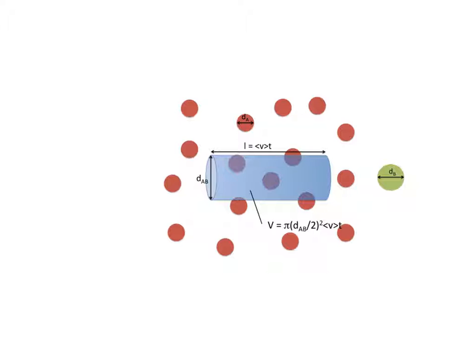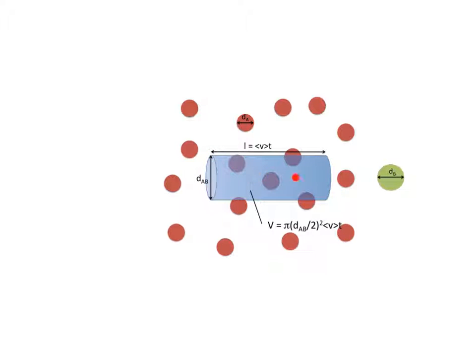Notice that the radius of this cylinder is 1/2 dAB. If I take the radius squared, (1/2 dAB) squared, and multiply by pi, I will get the area of this circle that defines the end of the cylinder.